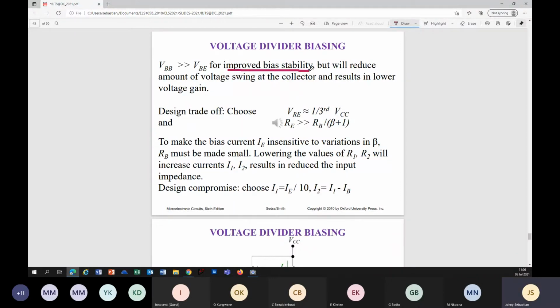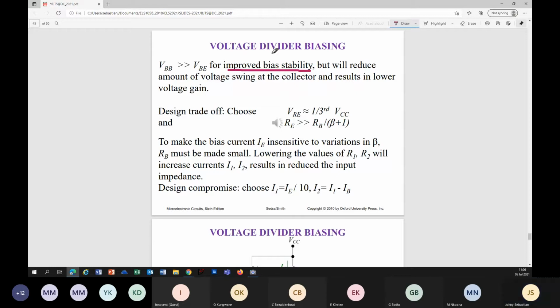Bias stability means once you set the bias, it must stay like that for the entire operation of the BJT. It should not even shift. Nothing must affect the stability of the bias point.